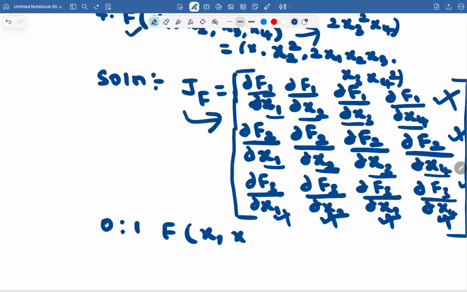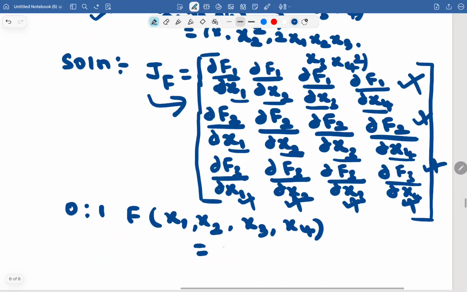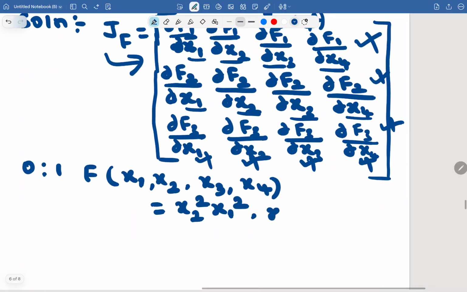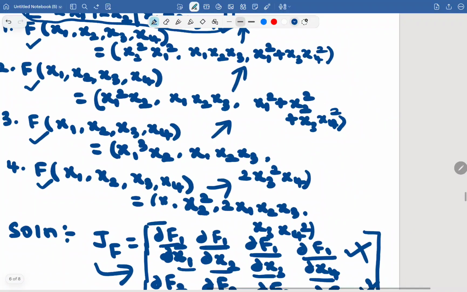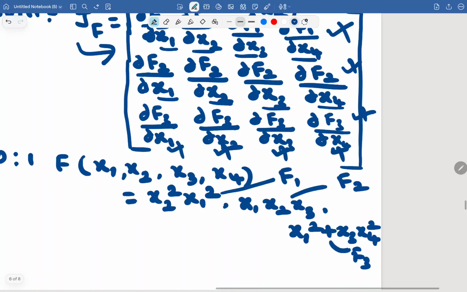F of x1, x2, x3, x4 is equal to x2 square, x1 square, x1 x2 x3, last one x1 square plus x3 x4 square. This is f1, this is f2, this is f3.